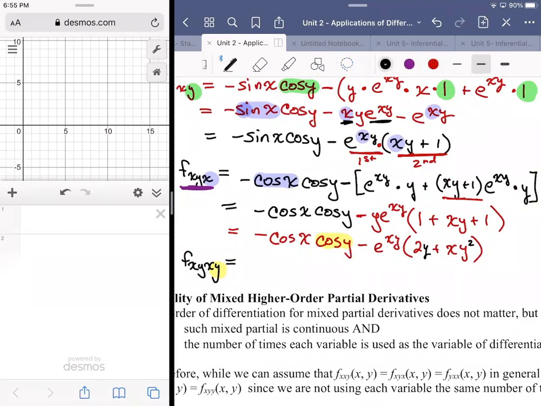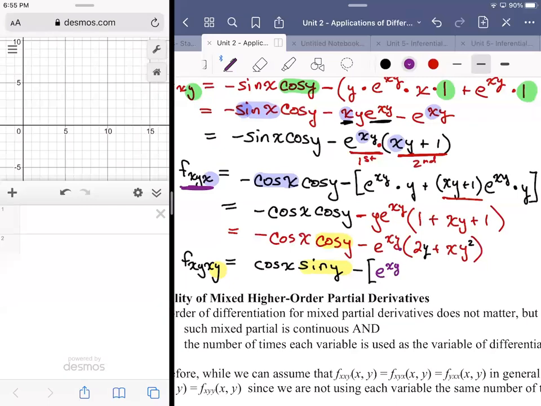All right, so we're looking at here, again, negative cosine comes along for the ride, cosine of y differentiates to negative sine of y. The 2 negatives cancel, so we're looking at cosine x sine y. Then minus, and then again, we're looking at a product here, e to the xy.